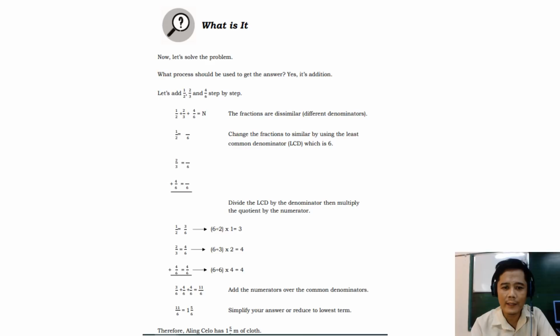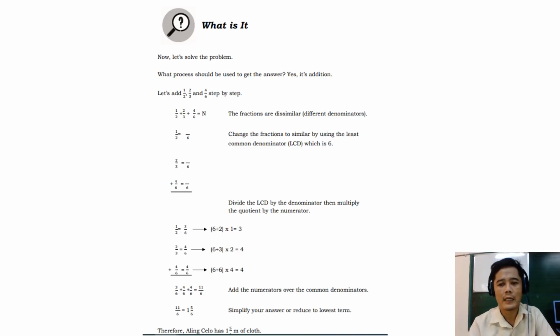So step 1, change the fractions to similar by using the least common denominator. Step 2, divide the LCD by the denominator, then multiply the quotient by the numerator. Third, add the numerators over the common denominator. Then last, simplify your answer or reduce to the lowest term if possible.